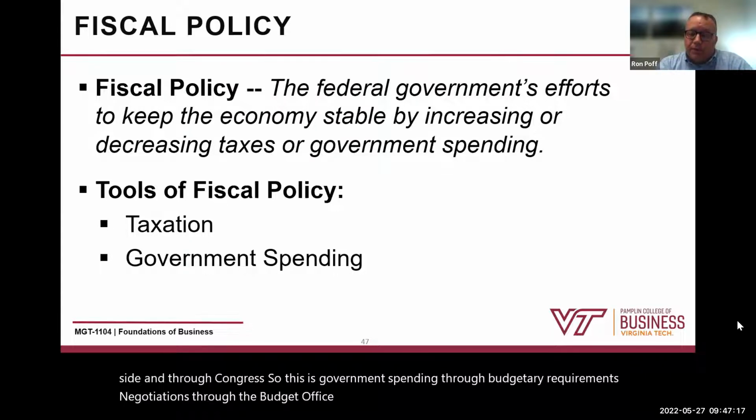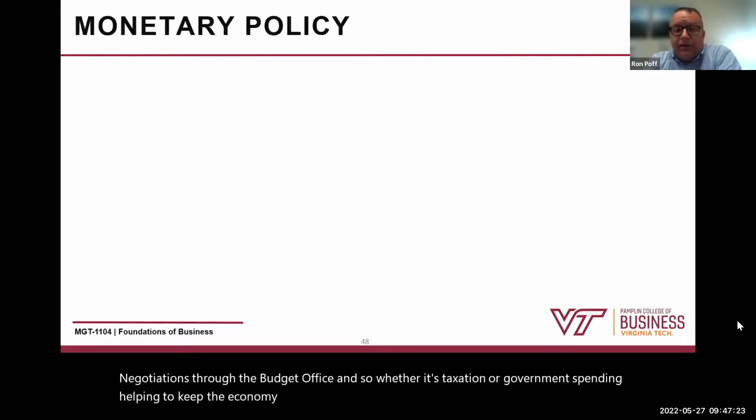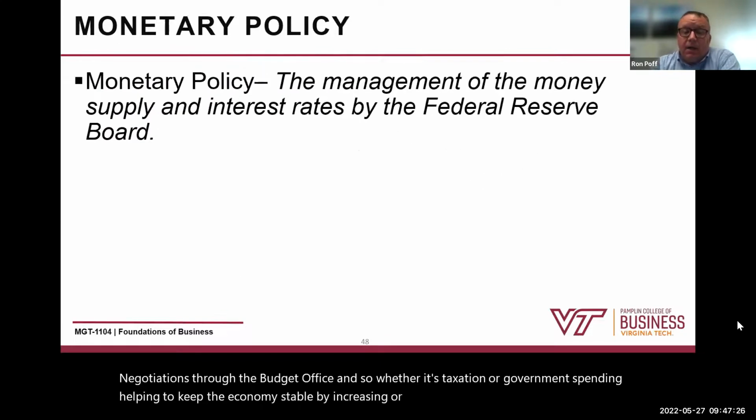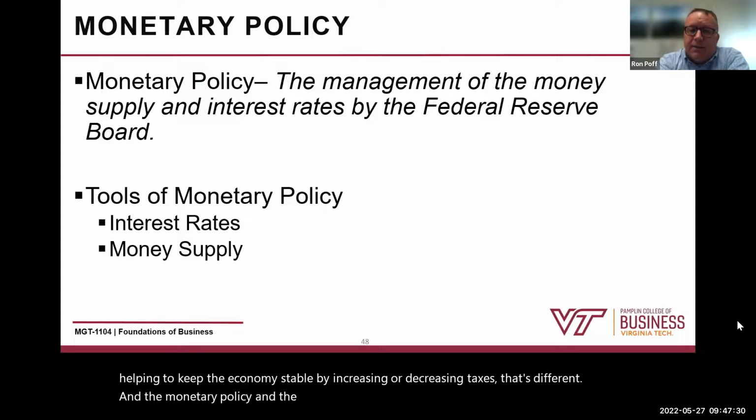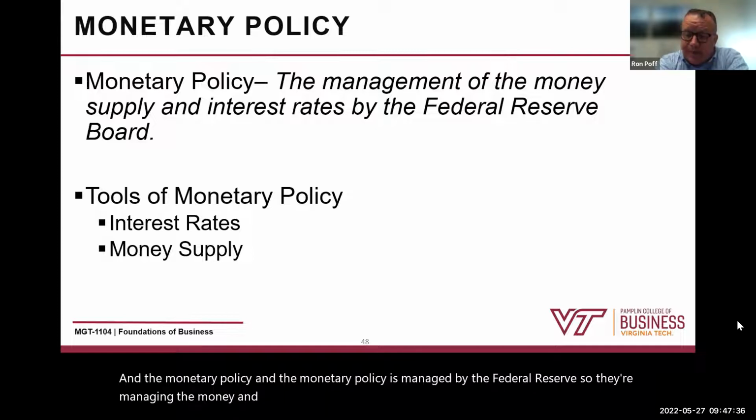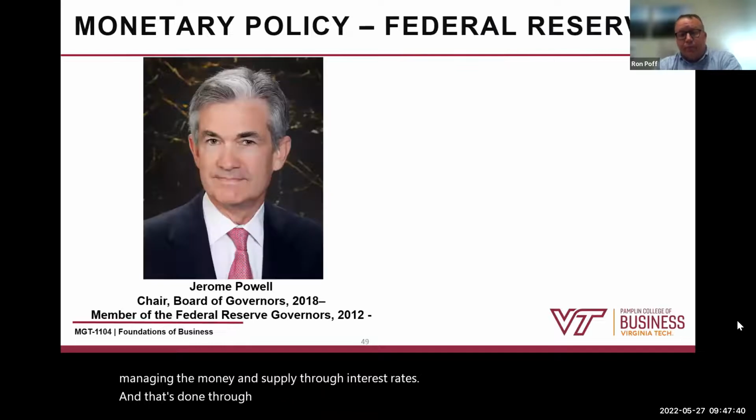Whether it's taxation or government spending, it helps keep the economy stable by increasing or decreasing taxes. That's different than monetary policy, and monetary policy is managed by the Federal Reserve. So they're managing the money supply through interest rates, and that's done through the Federal Reserve Board.